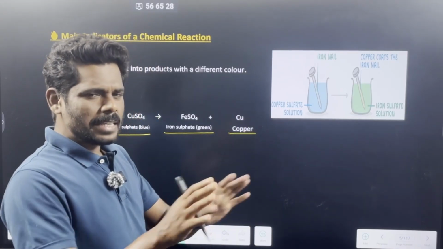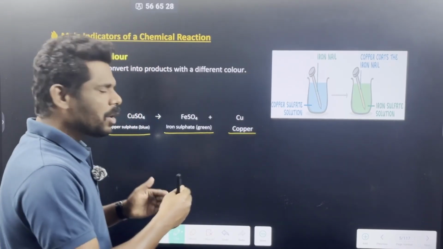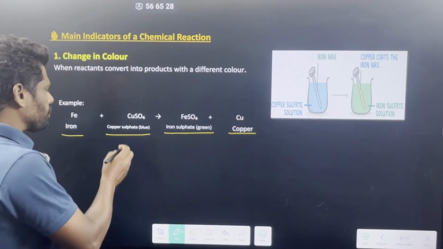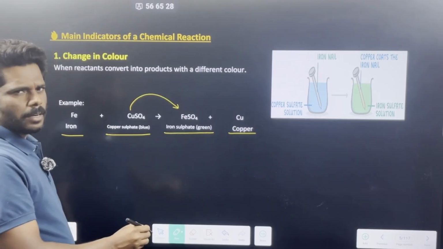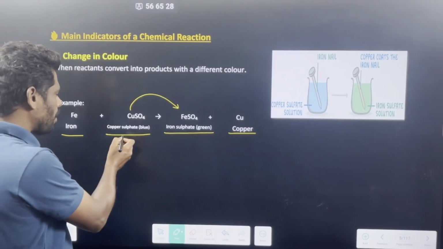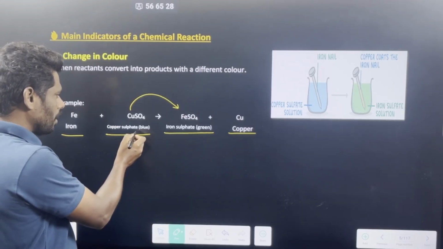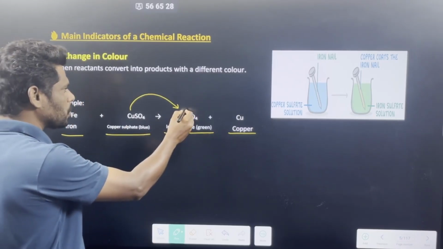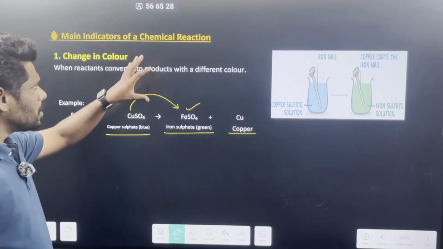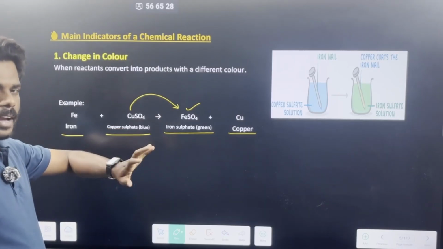This is the best example for a chemical change. Why? Because we observed here change in the color from blue to green. That is due to the copper sulfate changing to iron sulfate. So this is one of the indicators of a chemical reaction or chemical change.